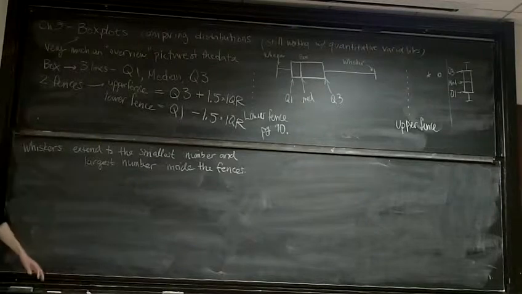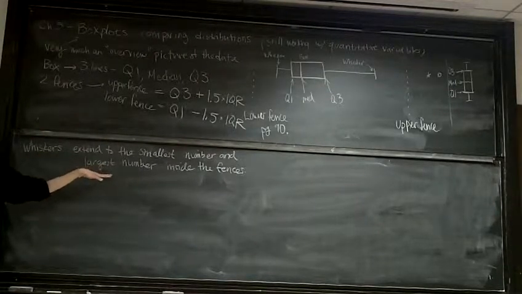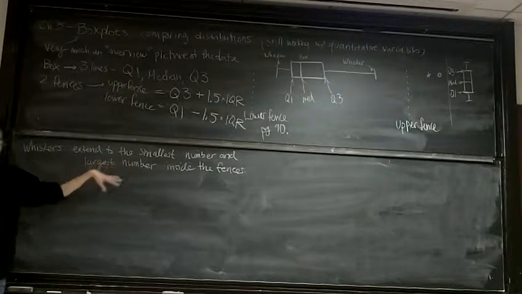So we find the smallest number that's inside the fence and the largest number that's also inside the fence, and our whiskers extend to those two points.